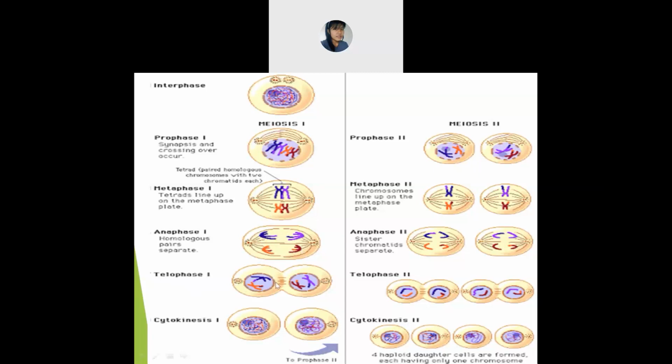You will find that the nuclear envelope and the nucleus will start appearing. And the chromosomes will start moving to the opposite poles. And in cytokinesis 1, you will find that there will be complete separation. You can also see that everything is coiled up like the chromatids.